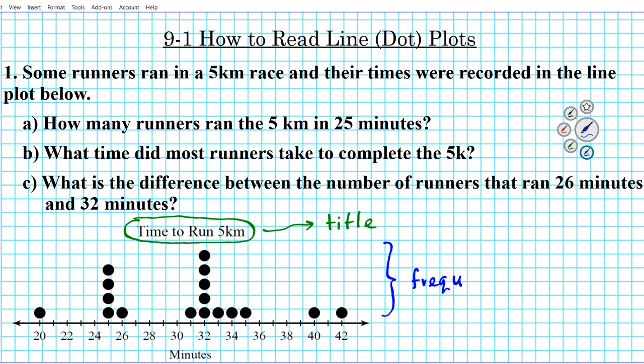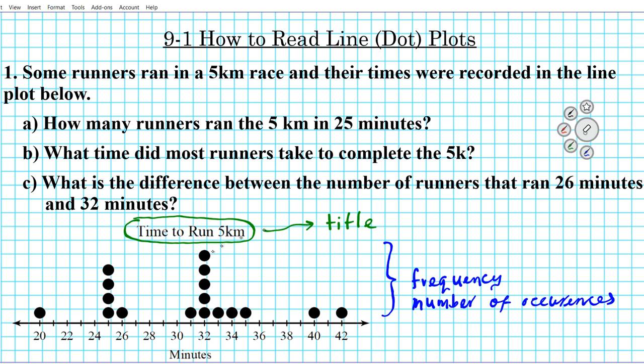How many times does that data point occur? Number of occurrences, very important. For example, if you look at 26, how many dots are above it? Just one. So that means this data point 26 occurred just once. The dots represent the frequency, or number of occurrences, of the data point beneath it.